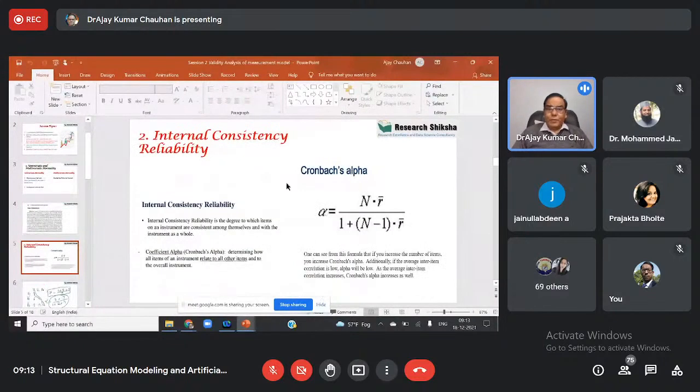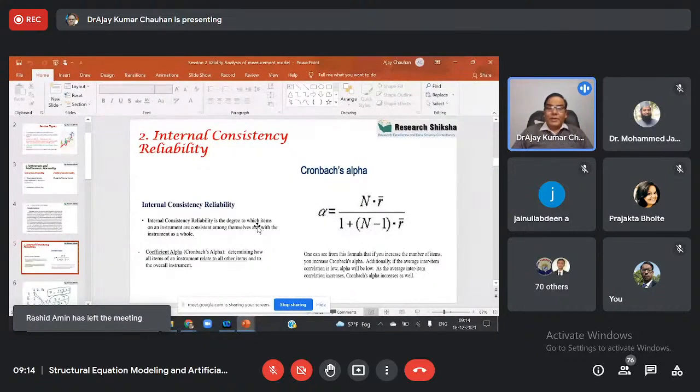So if you see this formula, the internal consistency reliability is measured by alpha, and the formula of alpha is equal to n times r upon 1 plus (n minus 1) r. Now the problem with this alpha is that if n is high, the alpha will be high. If the average correlation between the variables is higher, the alpha will be higher.